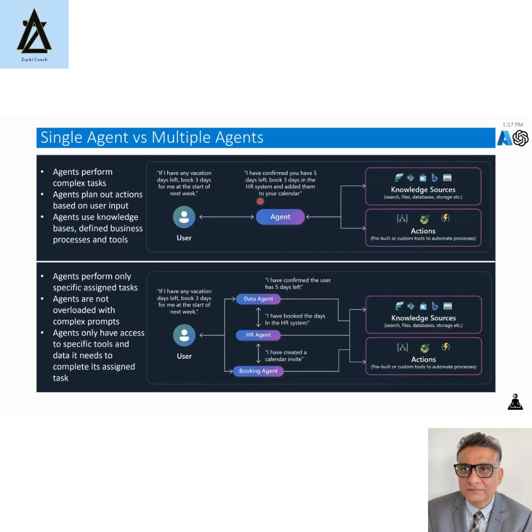Now, why would you need multiple agents? Having multiple agents makes the whole application of the agent more modular, where you would like to have multiple agents focused on a very specific task, and you can prompt these agents, or design these agents, to be good at something. Now, this is not a novel concept.